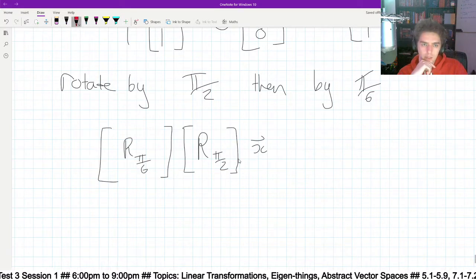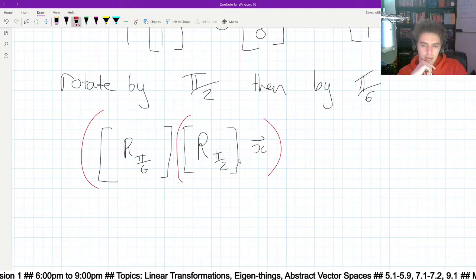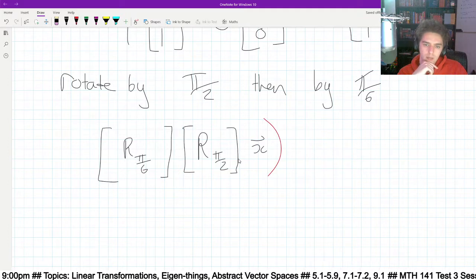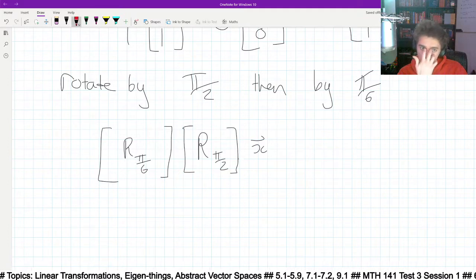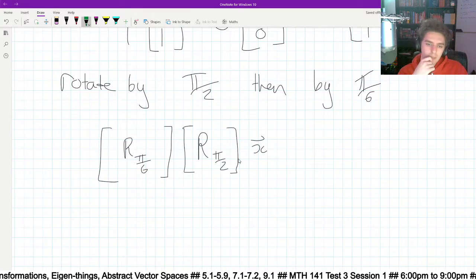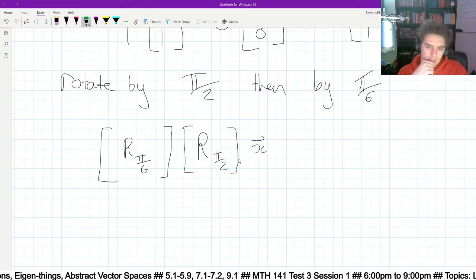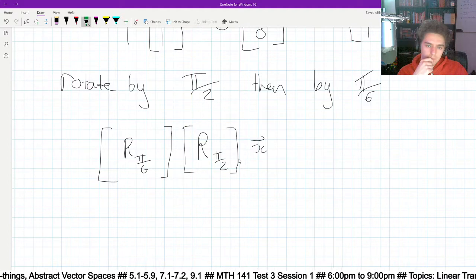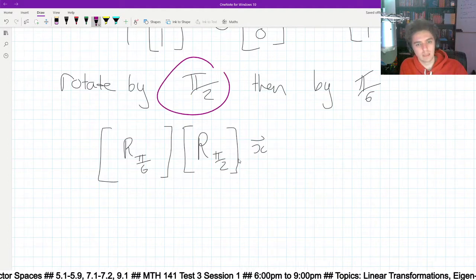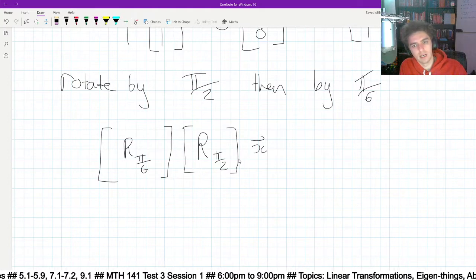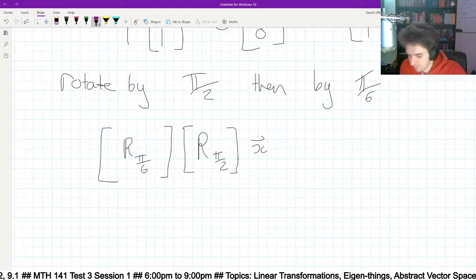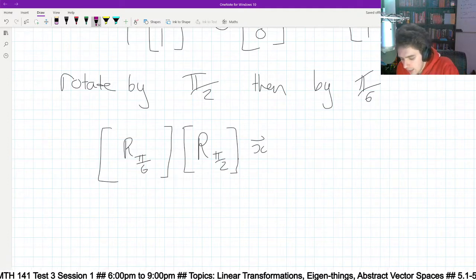Because remember, the transformations go like this: this applies first, and then this applies to that. So you got to write it in this order. It wouldn't make a difference in this case because it's additive, but it's good to always keep that in mind, because sometimes it does matter, and this will trip you up.